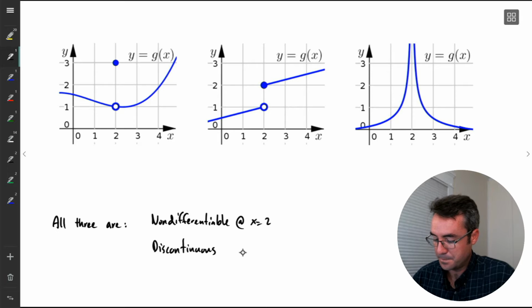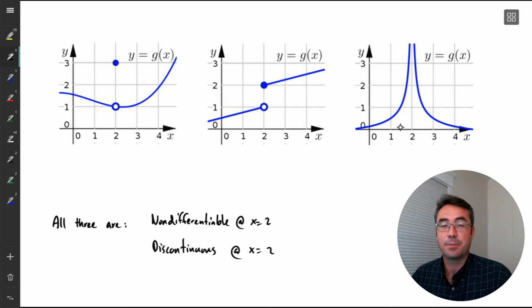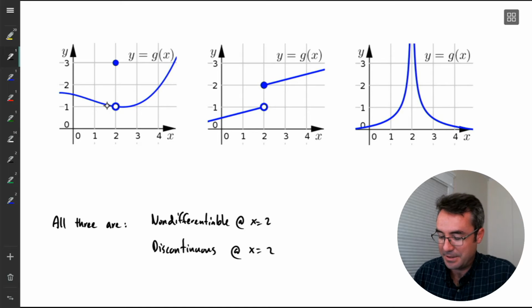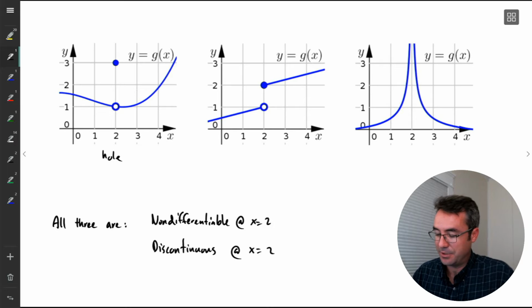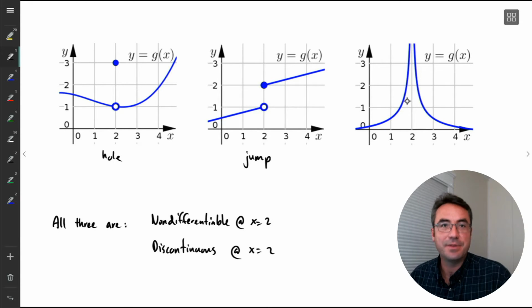So all three of these graphs are both non-differentiable at x equals 2 and discontinuous at x equals 2. And you can kind of see in this first one we have a hole. This one we have a kind of jump discontinuity. We have a jump in our graph. And then this one we have like an infinite jump.